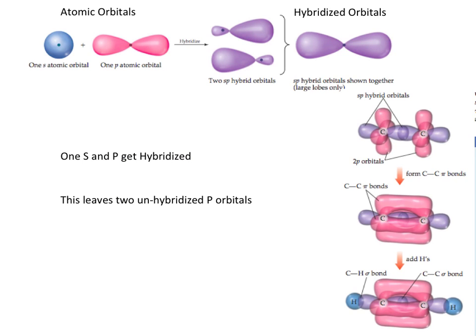So in the case of another carbon example here, where we have an sp hybridized carbon, in this case we're going to have the two sp hybridized orbitals, okay, and then we're going to have the two unhybridized p orbitals. And notice that they are 90 degrees from each other.